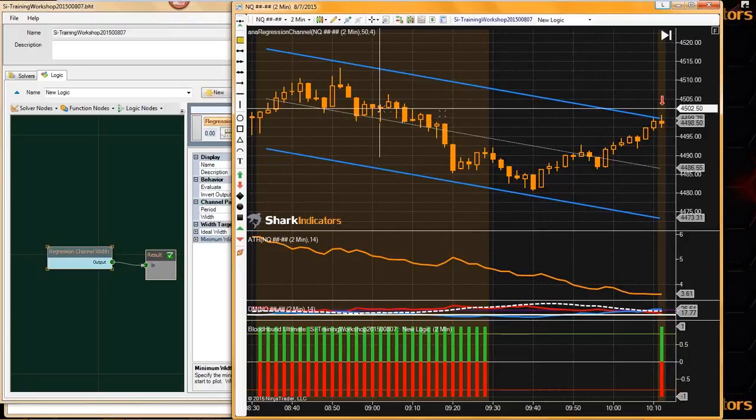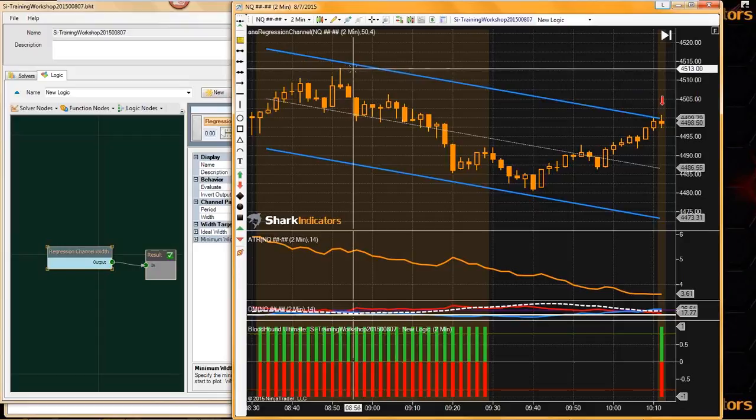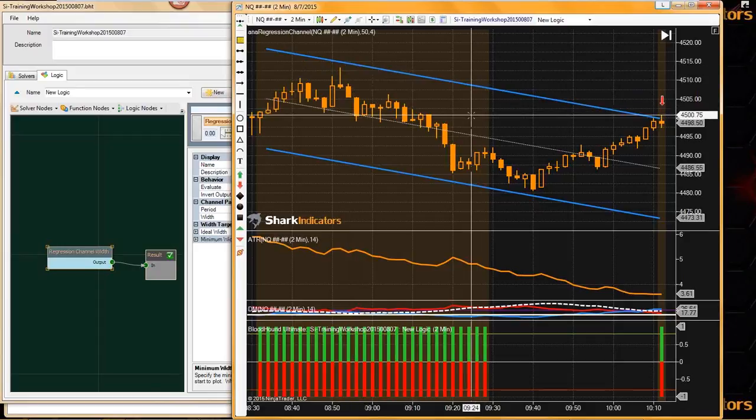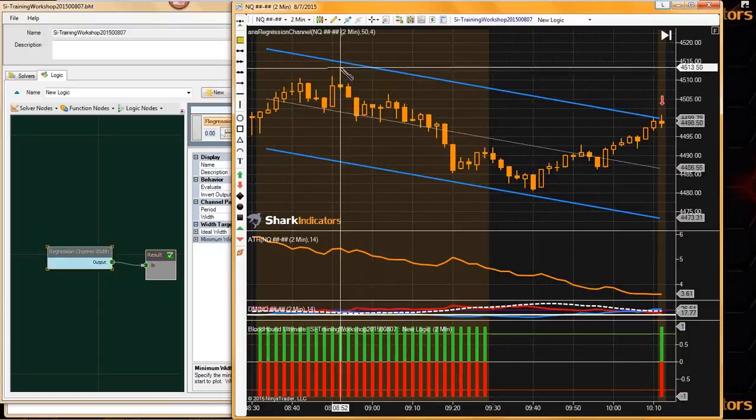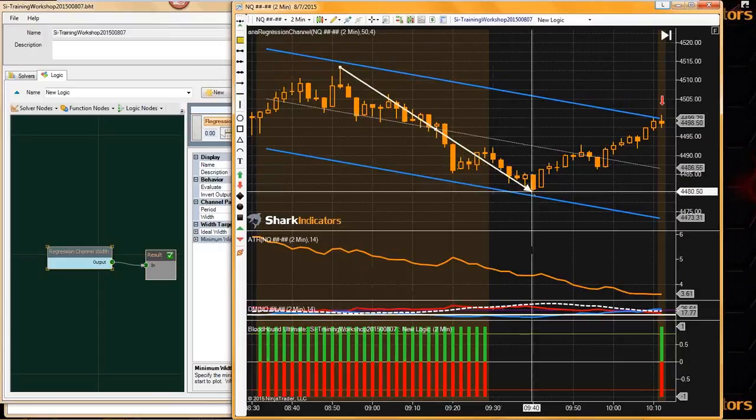Once again, this solver is, or I should say, not the solver, but the regression channel indicator, the width of the channel is a measurement of how wide these swing points are.